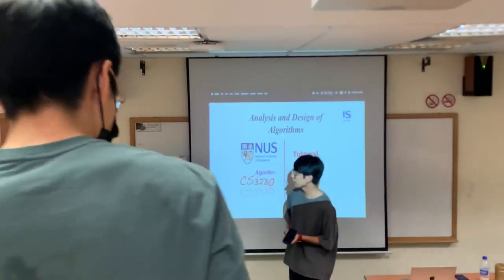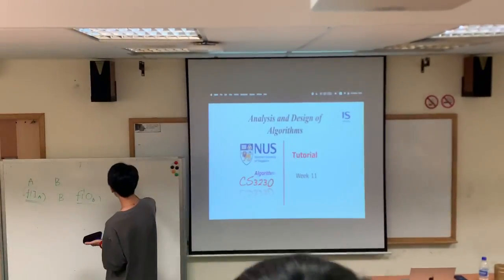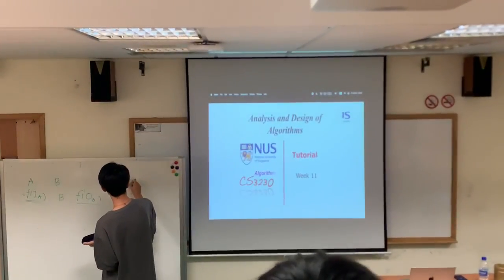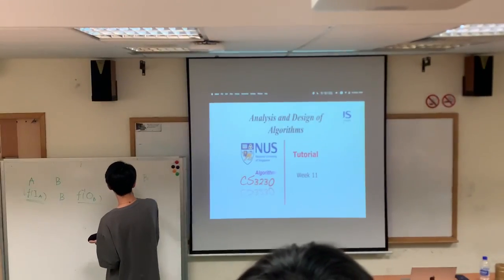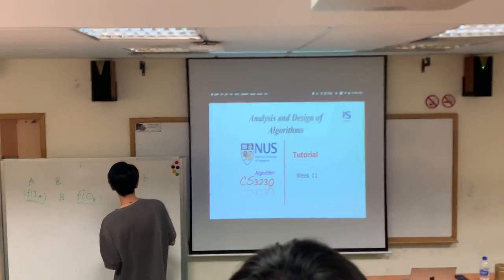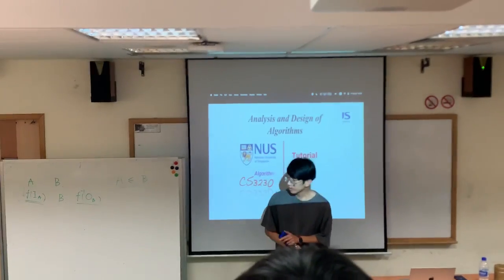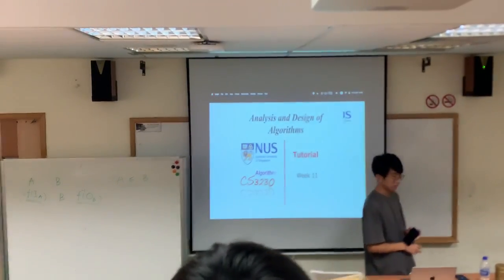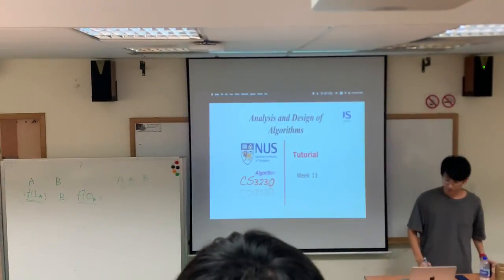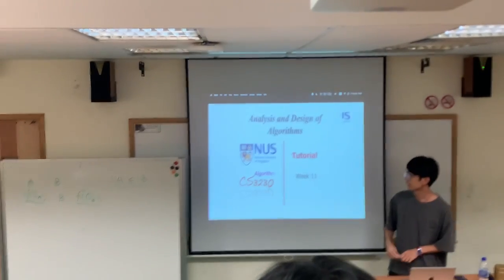In this case, we denote it as A reduces to B. It means that problem A is inherently easier than B, or at most as hard as B.